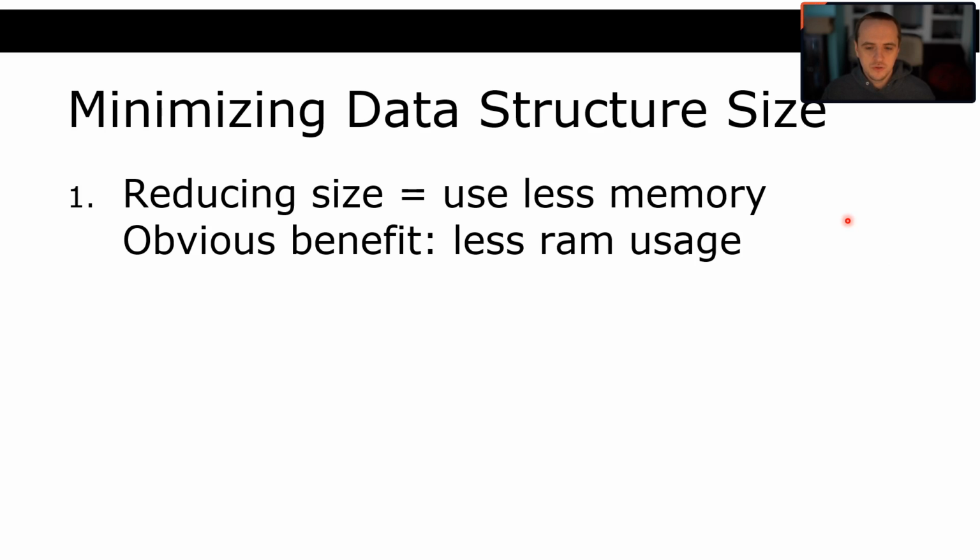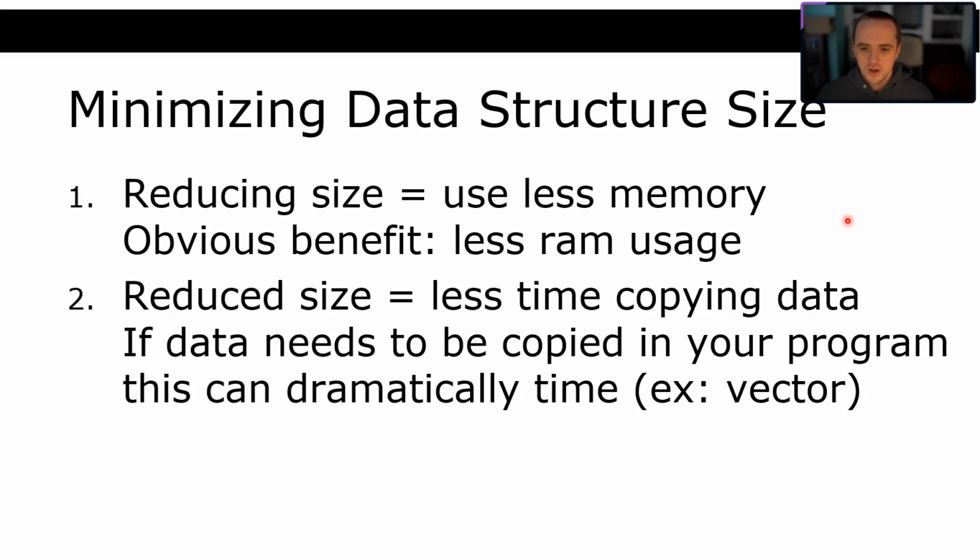If you reduce your data structure size, it's going to use less memory. Okay, so the obvious benefit there is less RAM usage. You've got so many gigabytes of RAM, you can maybe cut that in half by using shorts instead of ints or something like that. However, the secondary benefit is that the reduced size of your data can also lead to less time copying your data.